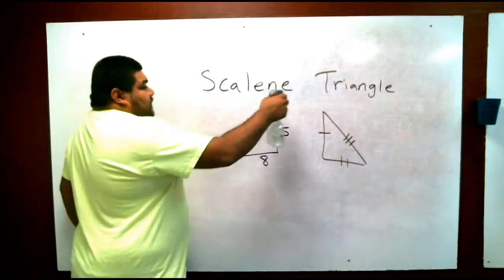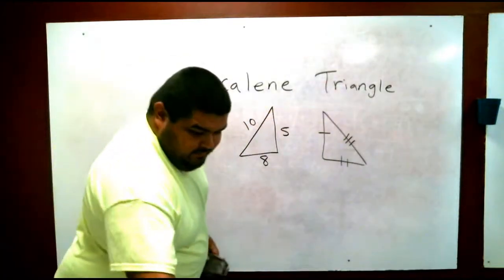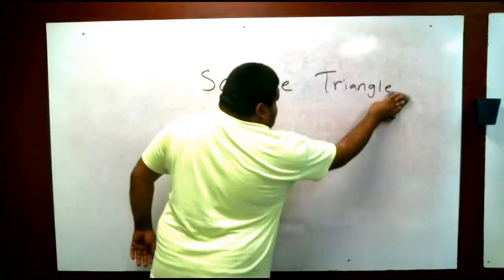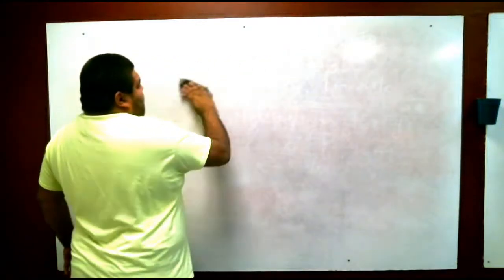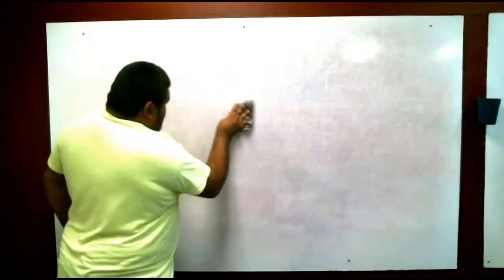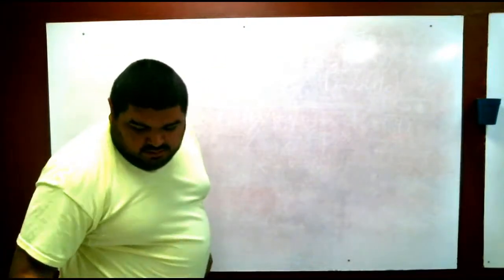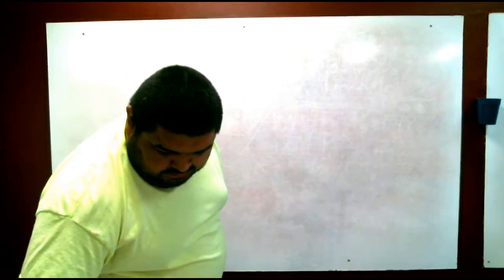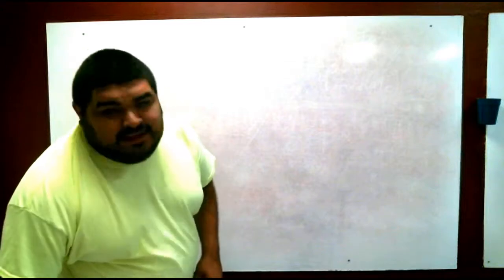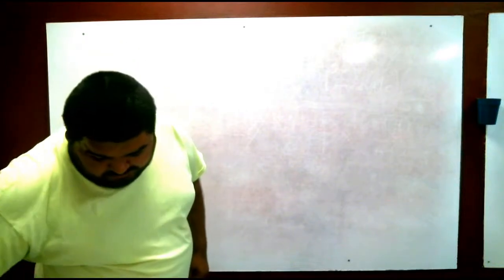Alrighty, let's go ahead and do the next one. Our next triangle, let's use brown. Our next triangle is an isosceles triangle.